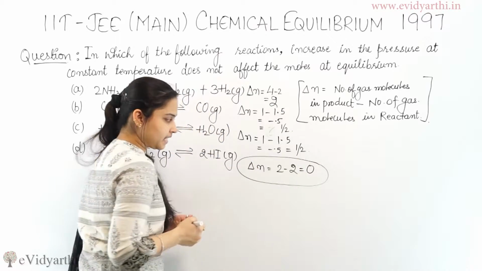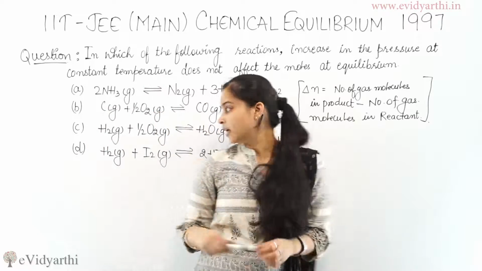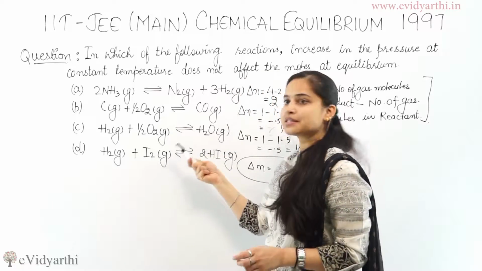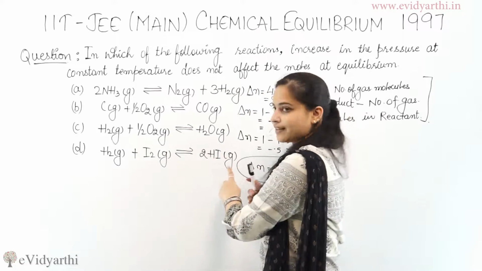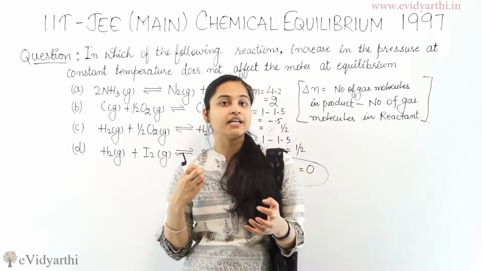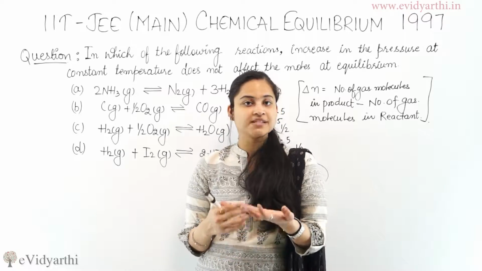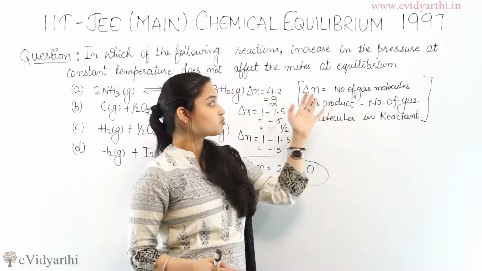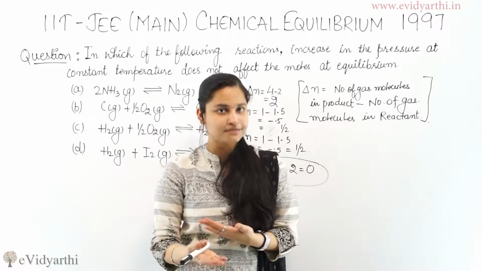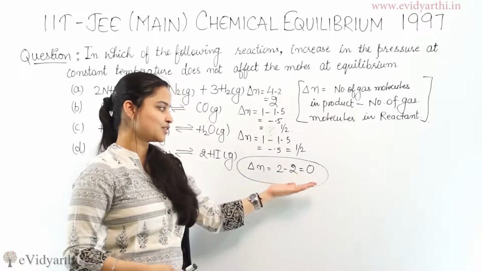Now you have seen that in the fourth equation, H2 in the gaseous state plus I2 in the gaseous state, which is in equilibrium with twice of HI in the gaseous state, we have found that delta N, that means change in the number of gaseous molecules between product and reactant, is equals to 0.